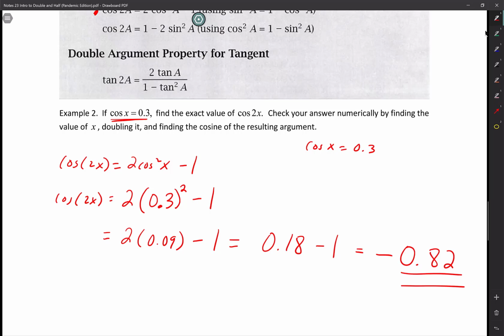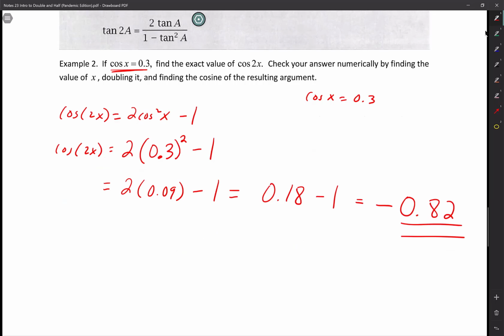All right, and then they want us to check it by finding the actual angle and doubling it. So check it out, guys. I'm going to go to Desmos. So let me see if I can share my screen here. Share Desmos.